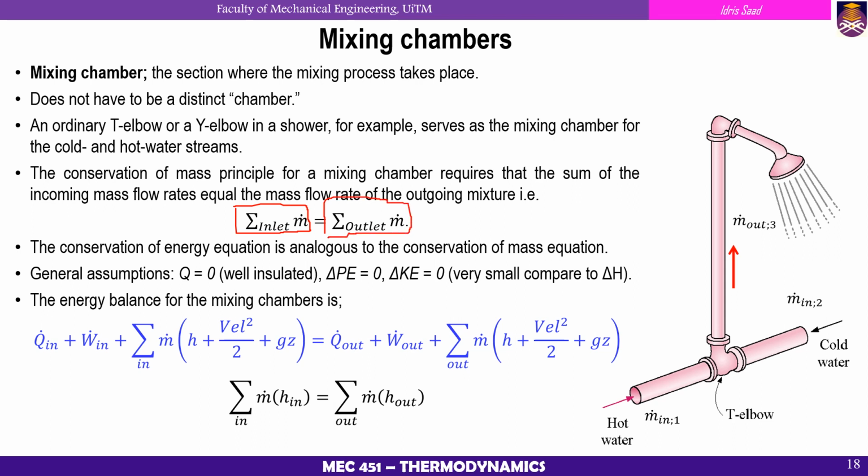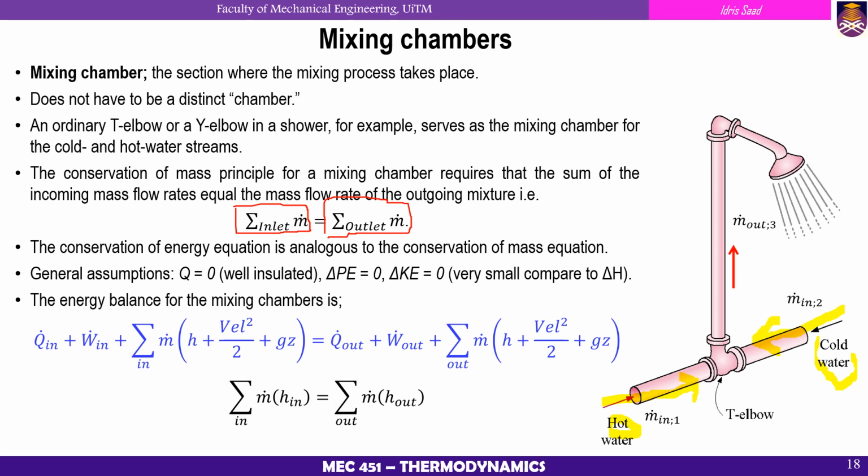Okay. If we refer to the figure of the hot and cool water shower aside, we can see that hot water goes into the system at one side and cool water enters the system from the other side. That means the system has two inlets. One is hot water, the other is cool water.